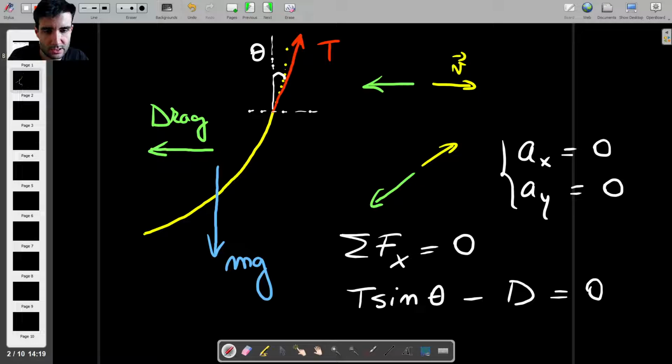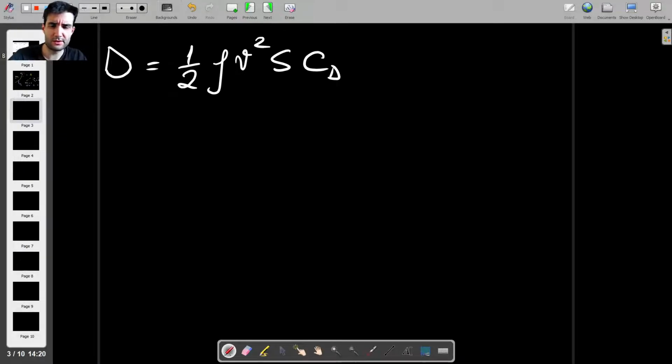Okay, now let's expand this a bit further. So when we talk about aerodynamic drag, usually aerodynamic drag has this formula. So we have half rho v squared S times Cd. So let's try to break this down a bit. Now this rho refers to the density of the air, okay? And this Cd, just to keep things simple, let's call this a function of shape.